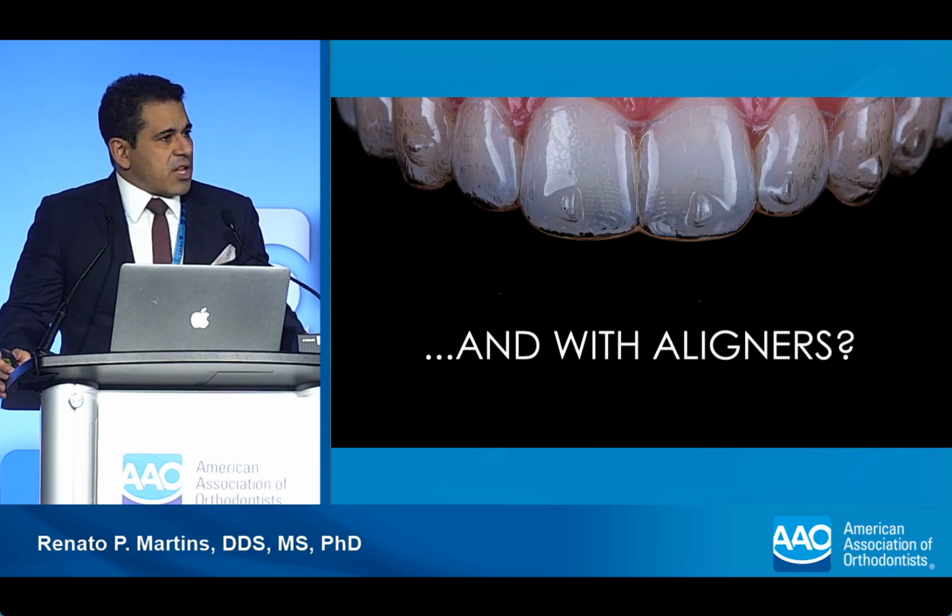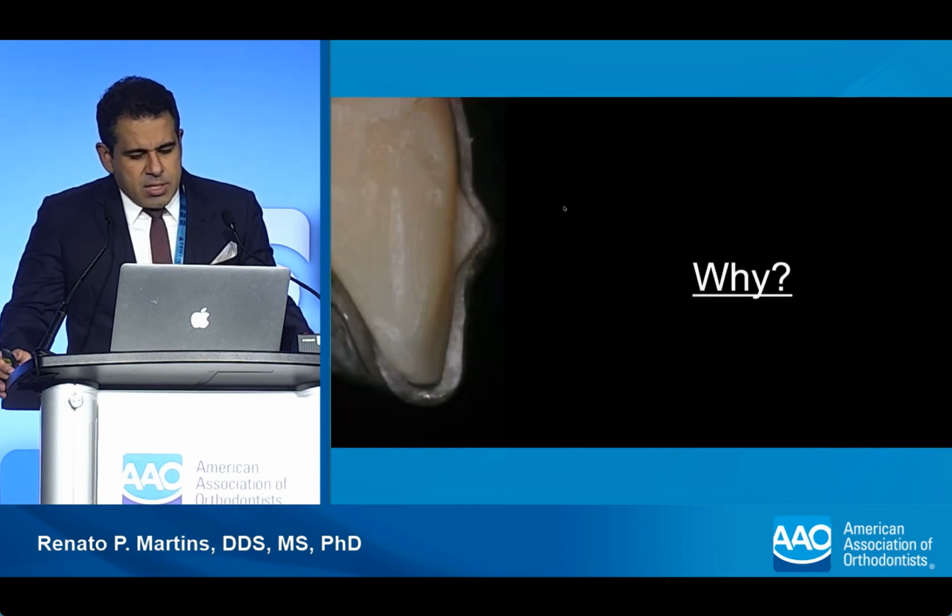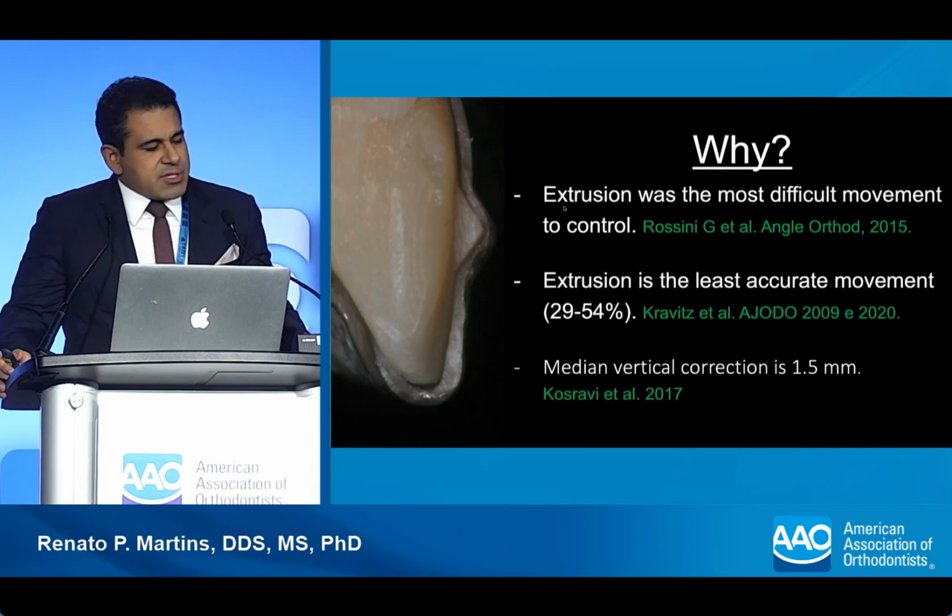But now we're going to talk with aligners, and we do need some sort of analogy. And there's a great challenge in treating open bites with aligners. And why is that? First, the literature tells us extrusion is the most difficult movement to control.